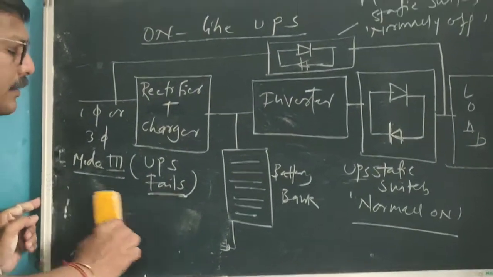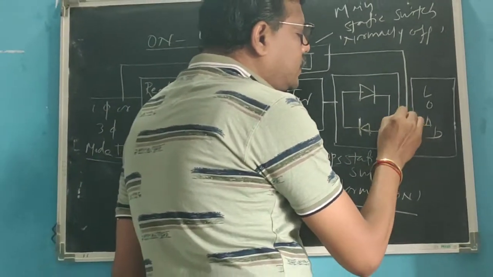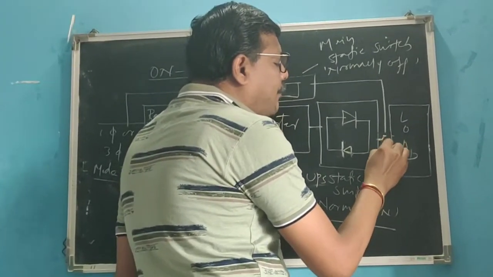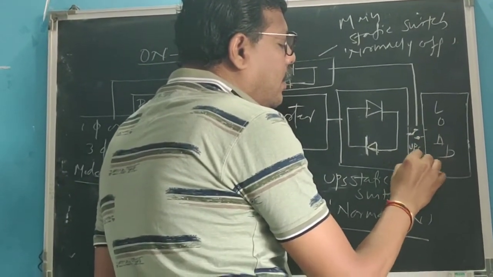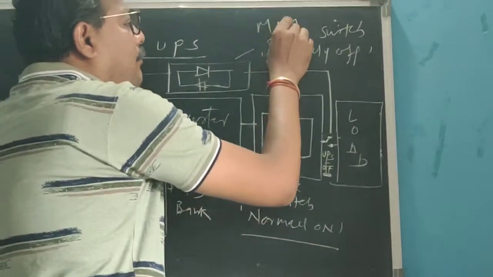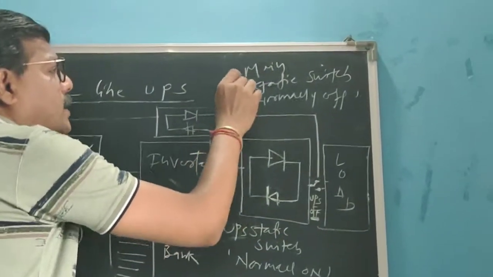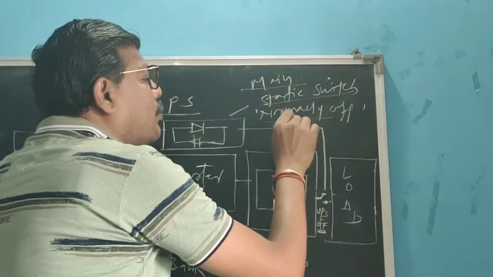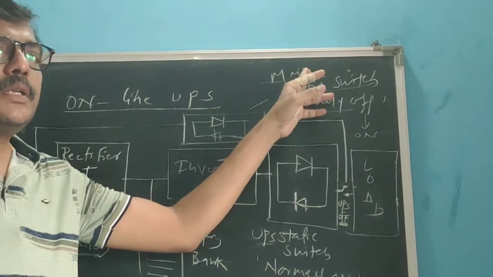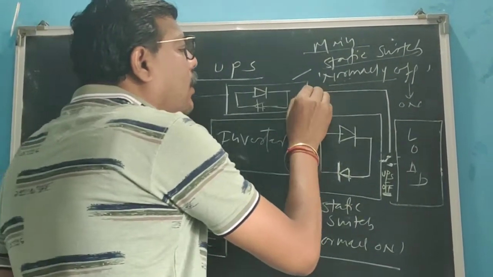When the UPS fails, this UPS static switch goes off. And the mains static switch, when your UPS has failed, changes its position from normally off to on.